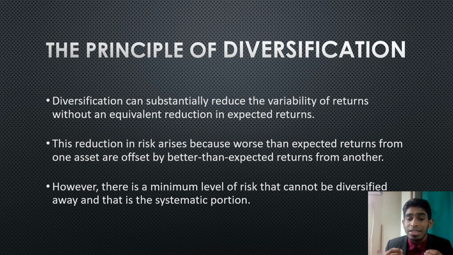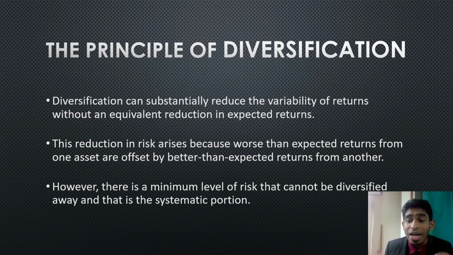So, dalam statement pertama, kita boleh tengok bahawa kepelbagaian boleh mengurangkan kebolehupayaan pulangan dengan ketara tanpa pengurangan yang setara dalam jangkaan pulangan. Okay, this reduction in risk arises because worse than expected return from one asset are offset by better than expected return from another.